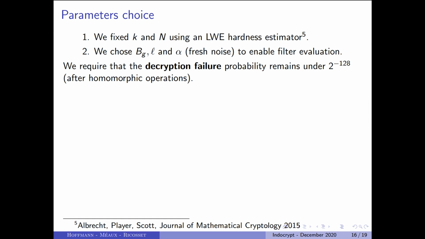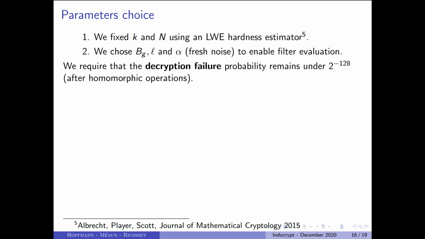Since we know the functions we want to homomorphically evaluate, we needed to choose the parameters for the homomorphic scheme. These parameters must fulfill two requirements. First, they must grant enough security, so 128-bit security. To evaluate the security given by our parameters, we use an LWE hardness estimator.